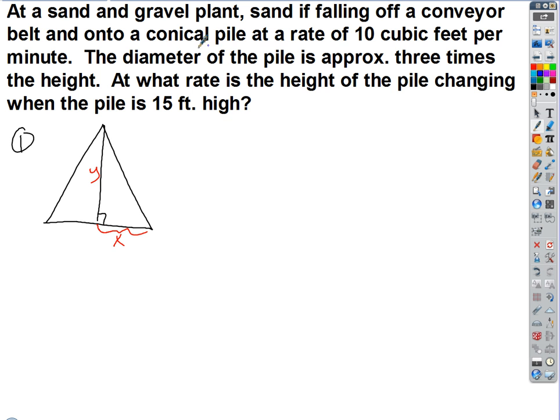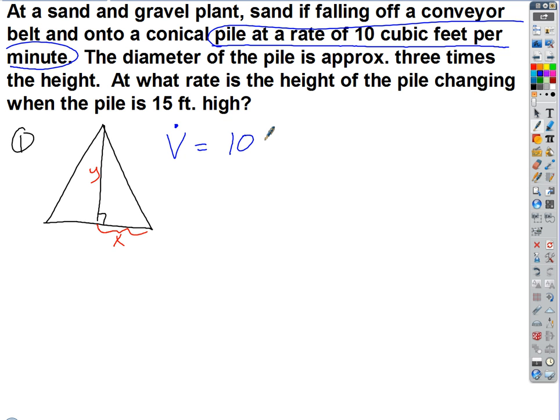We knew that sand is being added to the pile at a rate of 10 cubic feet per minute, right? You just look at the units. Cubic feet per minute, those are units of volume per time. And so that has to be V dot, the rate of change with respect to time of volume.